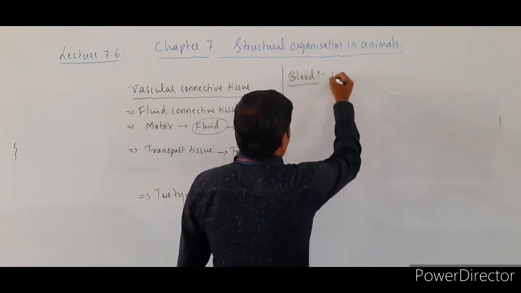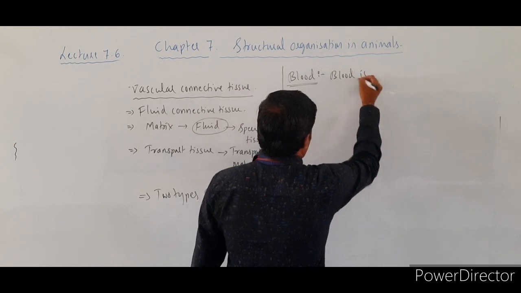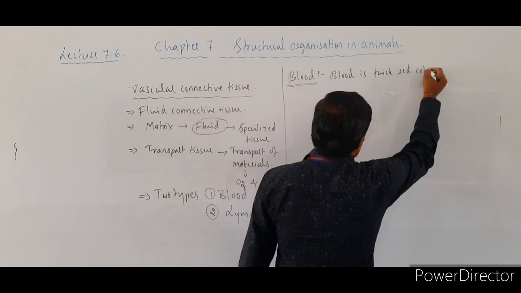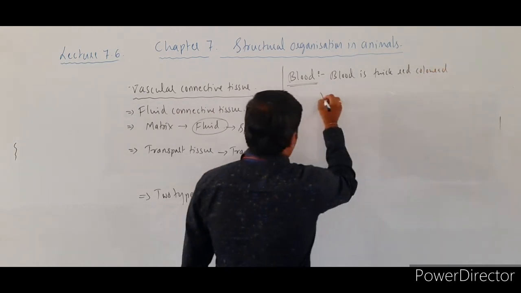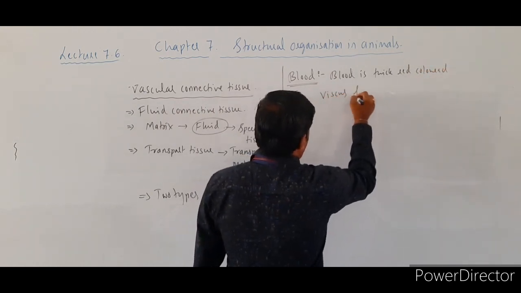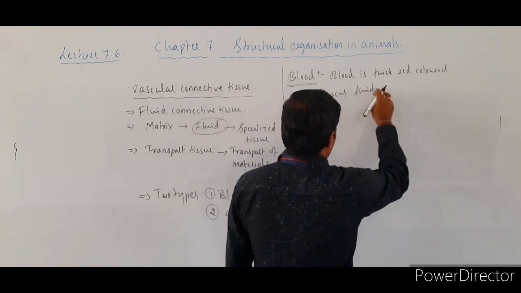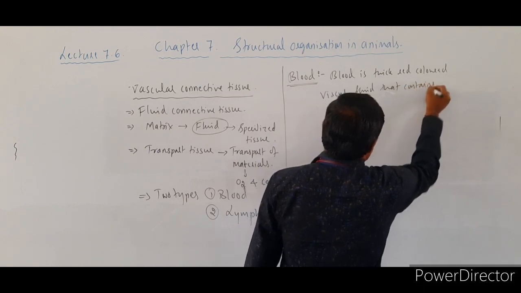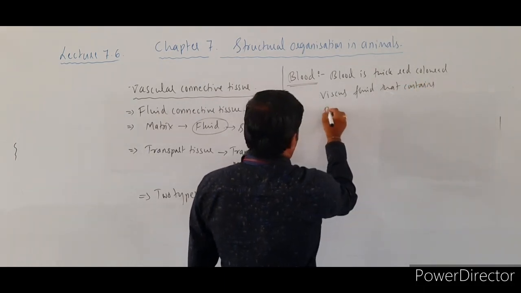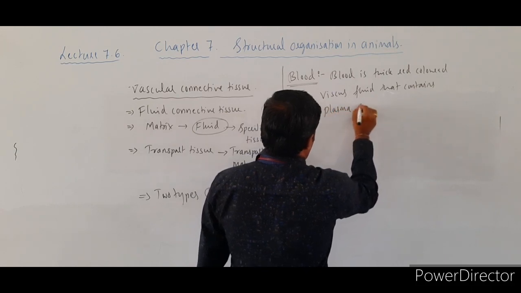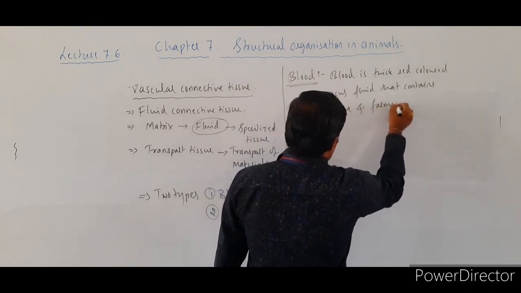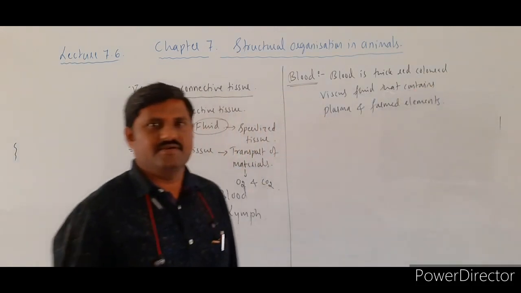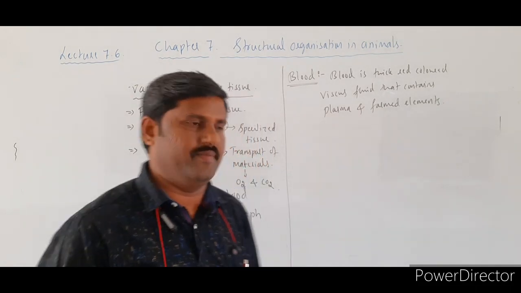So blood is a thick, red colored, viscous fluid that contains plasma as well as formed elements.